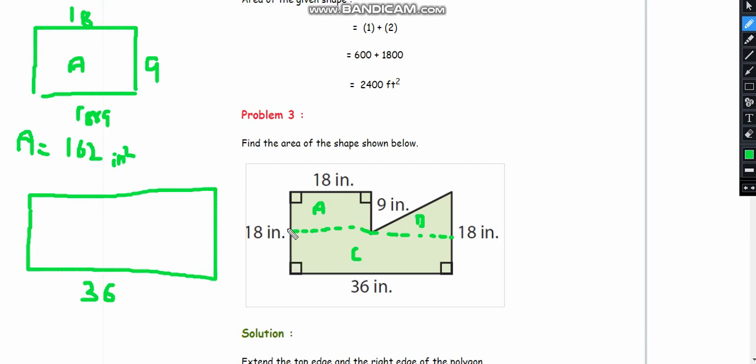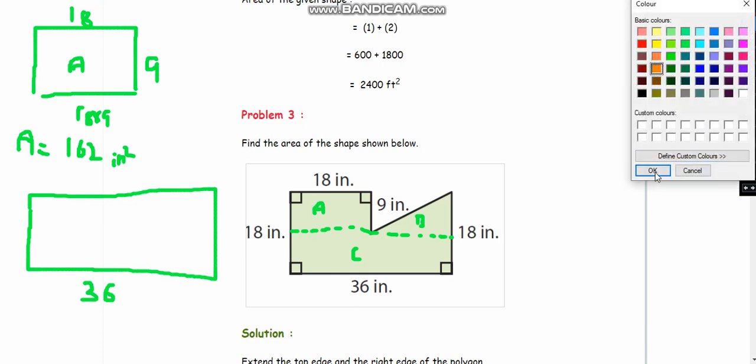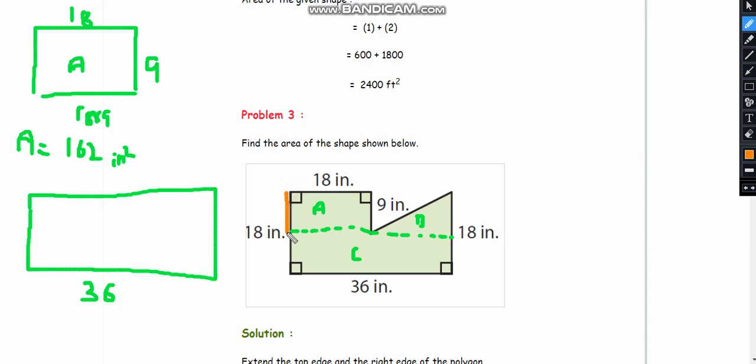If this total height here is 18, sorry about the noise if you hear 2 lads arguing in the background, this side here is 18, and we know this side here is 9. So therefore, the height of the bottom bit must also be 9, because 9 plus 9 has to equal 18. So this is also a height of 9, okay?